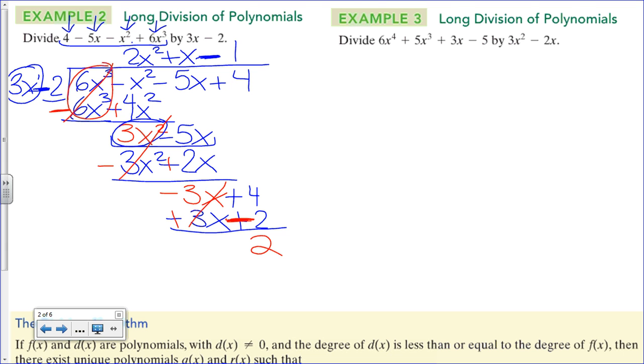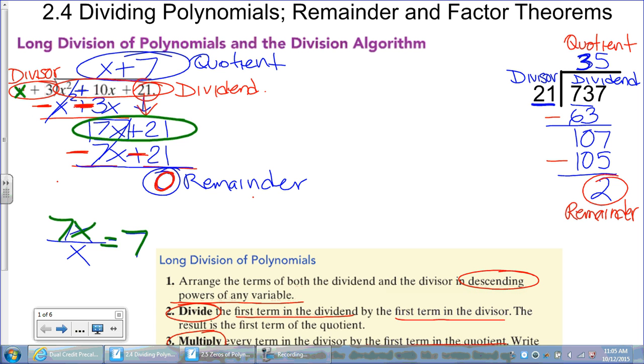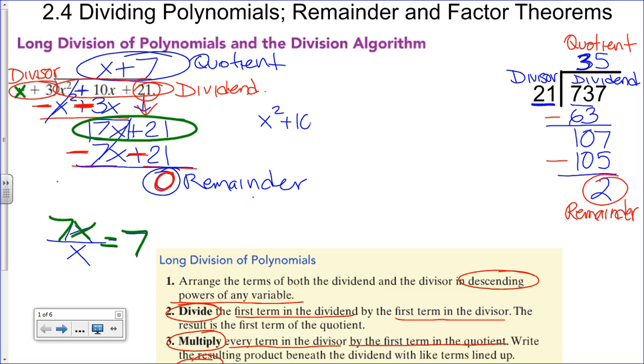So let's look at the difference between the first problem we did and the second. The first problem, the remainder was equal to 0, right? Yes? Okay. So what we could say here is that the polynomial x squared plus 10x plus 21 is equal to x plus 3 times x plus 7.